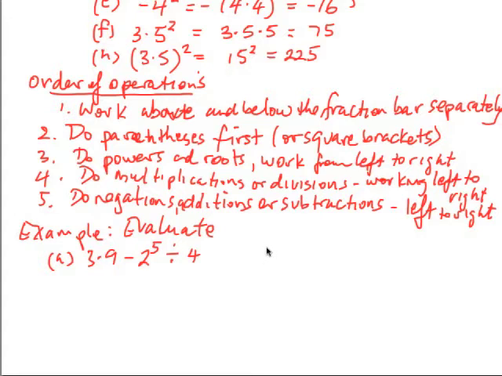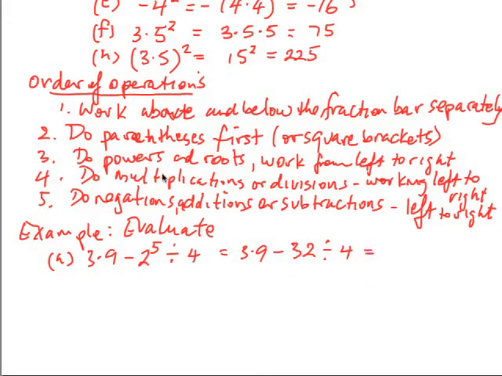Okay, so we've got to do powers and roots first. So the very first thing we do is we need to do the 2 to the power of 5. So this will become 3 by 9 minus 2 to the 5 is going to be 2 by 2 by 2 by 2 by 2, which comes out to be 32, divided by 4.